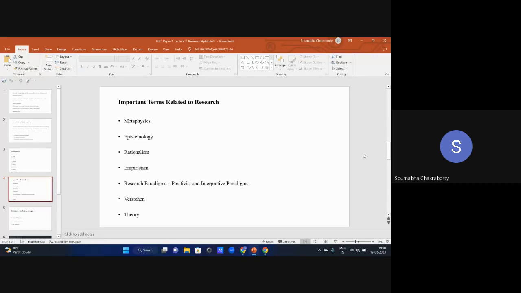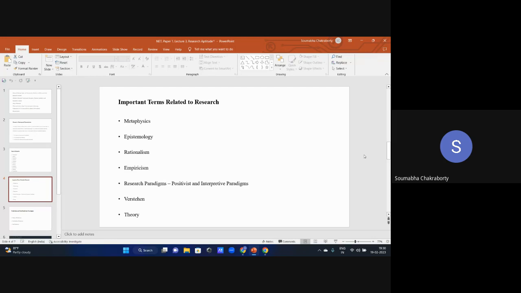Verstehen means a systematic interpretive process in which an outsider observer of a culture attempts to relate to and understand others. Now, this term, Verstehen, translates in English to meaningful understanding, or, a very common expression, putting yourself in others' shoes to see things from their perspective.